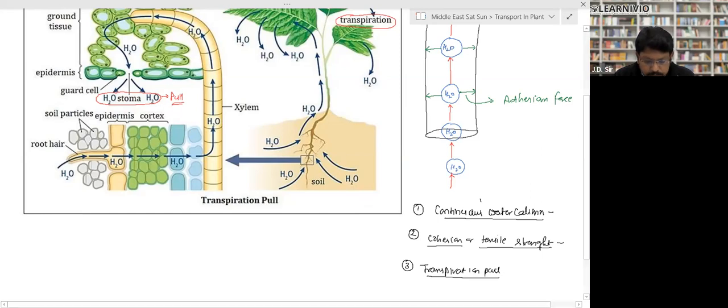Full stop. The mesophyll cells continuously lose water to the intercellular spaces.